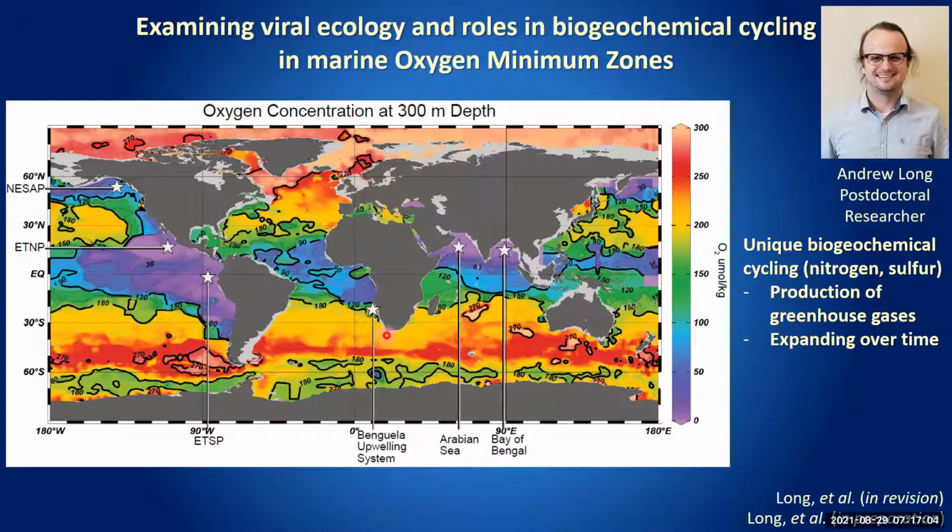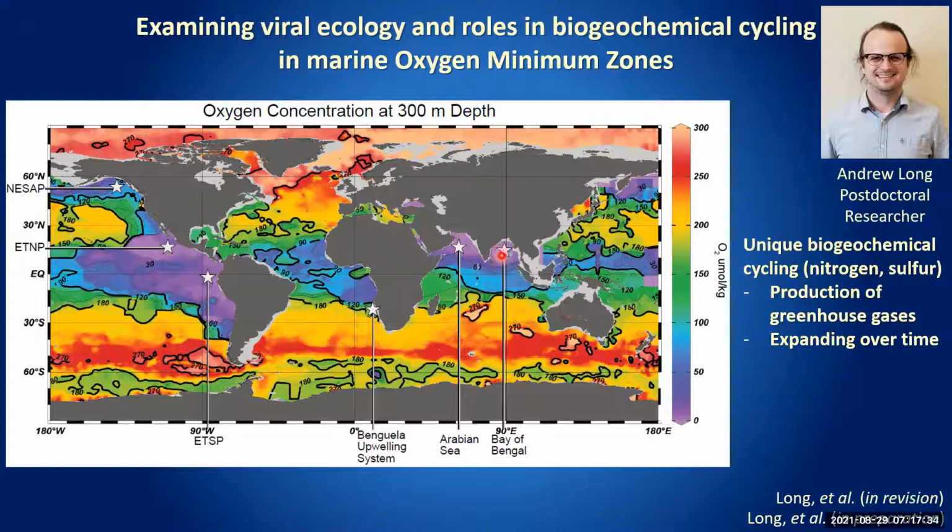This is a figure that my wonderful postdoc, Andrew Long, has created. This is oxygen concentration at 300 meters depth in the world's oceans. So this isn't at the surface, this is at 300 meters depth. Here we have all of our continents in gray, and here in the colors we have oxygen concentration, where oxygen that is 0 or close to 0 is in purple.